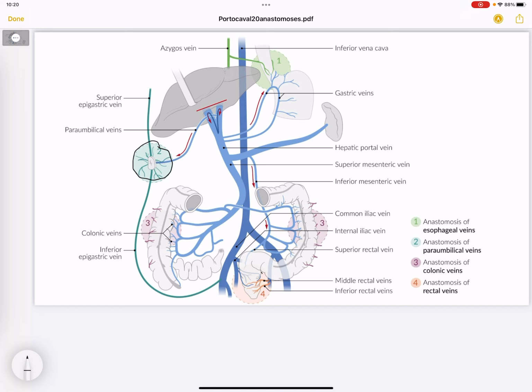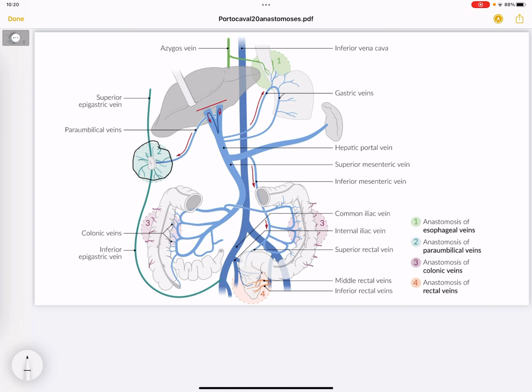Now, there are going to be 4 sites of anastomosis between the portal system and the caval system. And it is very important to know that in a normal, healthy person, there is either going to be no blood flow or minimal blood flow between the portal system and the caval system.